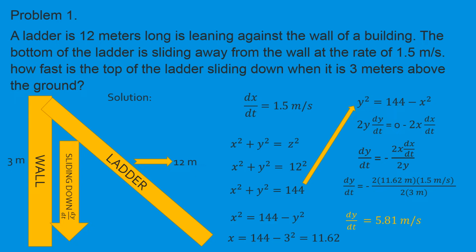Simplifying that quantity will give us dy over dt is equal to 5.81 meters per second. So therefore, in every second, the ladder slides down the wall by 5.81 meters.